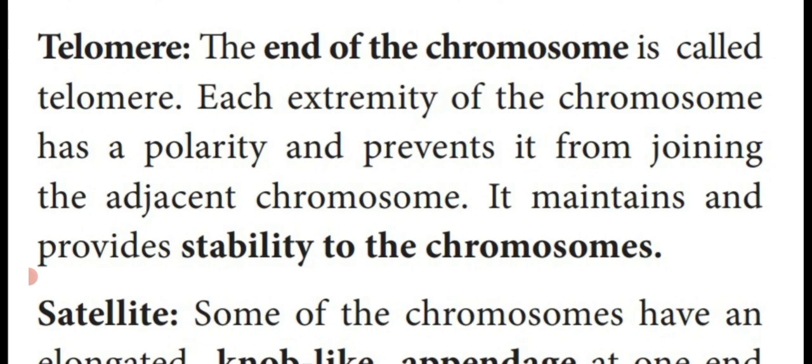One chromosome joining with a nearby chromosome is prevented by the region known as telomere, the end part or terminal part of the chromosome. And also this telomere maintains the stability of the chromosomes.